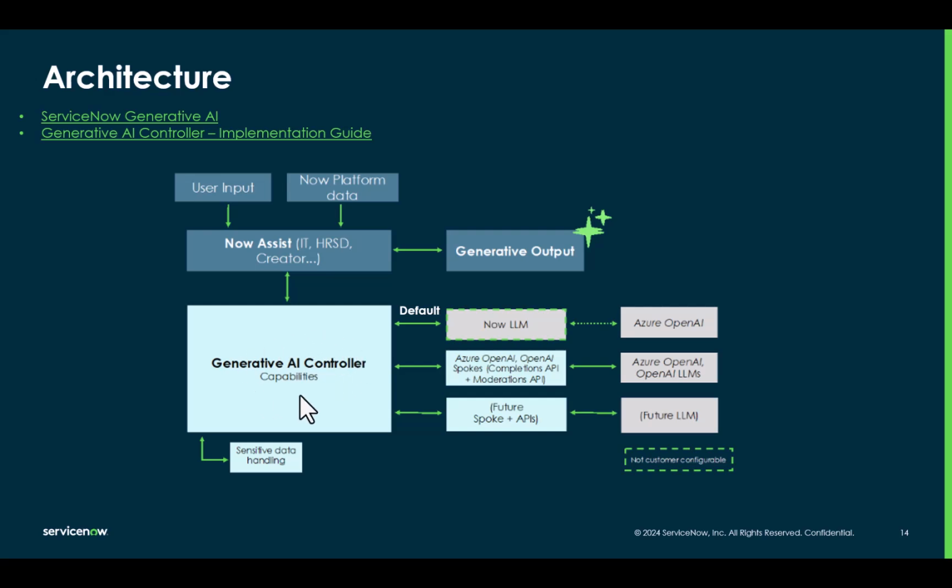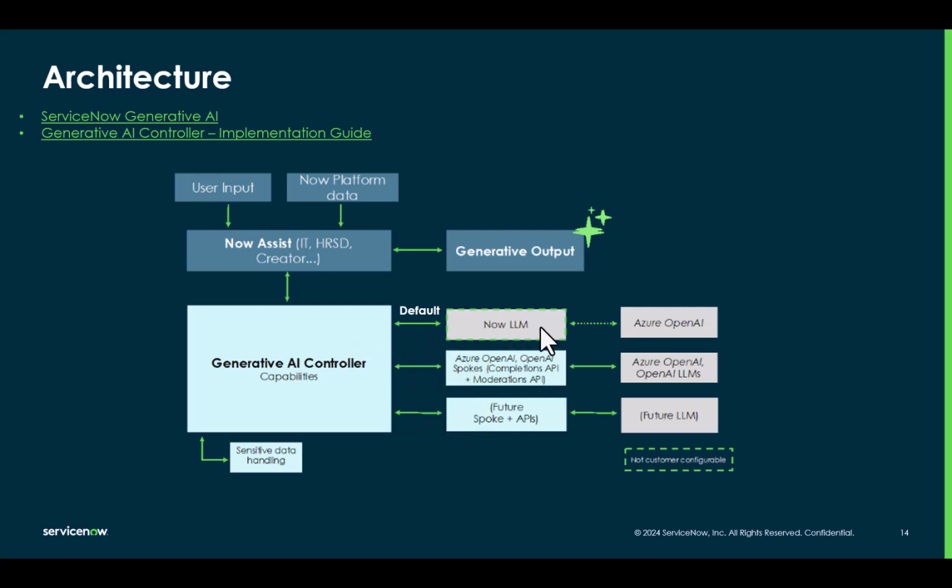So based on that capability configuration, it routes the request to the generative AI functionality that's enabled. So here we have what we call now LLM spokes that allow you to make the connection with the LLMs, right? In this case, the default is the Now LLM, but you can define others as well.